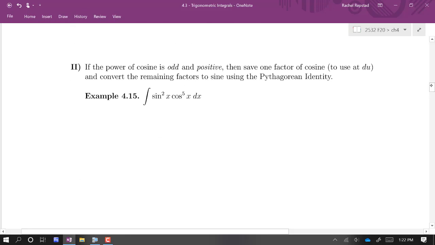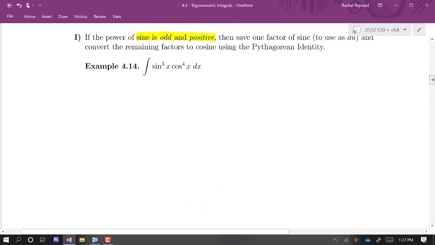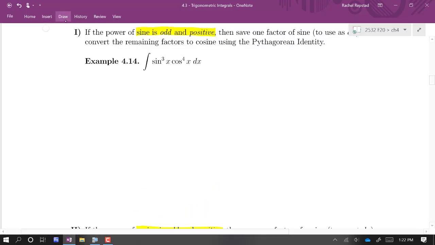The second case says, what if the power on cosine is odd and positive? Basically, the techniques we use in these two cases are the same. We want one of those powers to be odd and positive, and whichever one it is, you're going to peel off a factor and use Pythagoras to deal with the remaining factors.